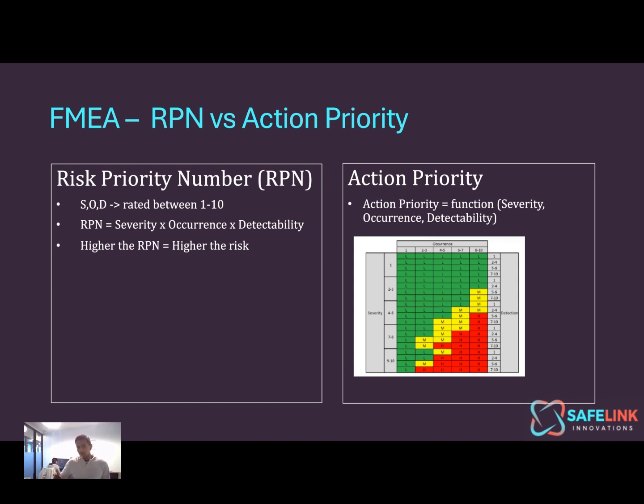The advantage of this table is that you can add custom weights to each of these parameters, which previously in RPN you cannot. We can take a look at an example in the next page.